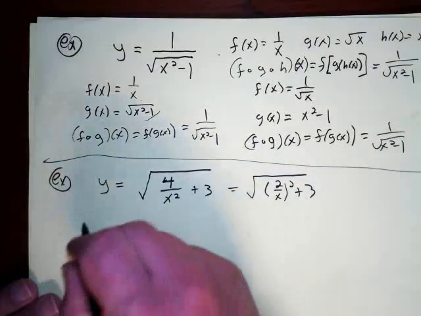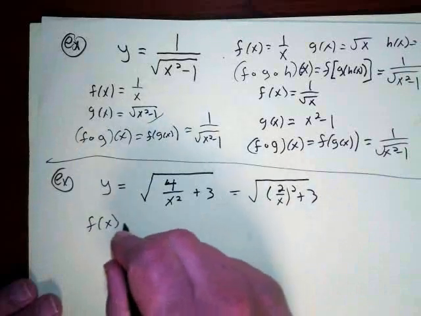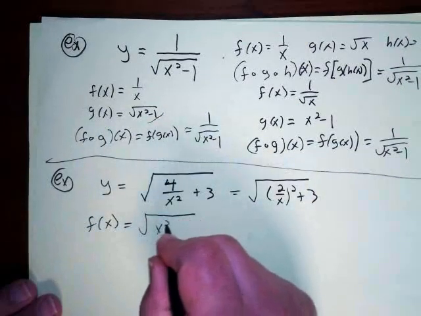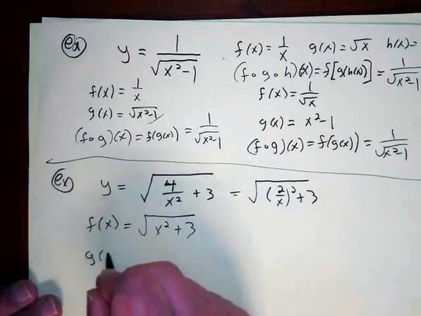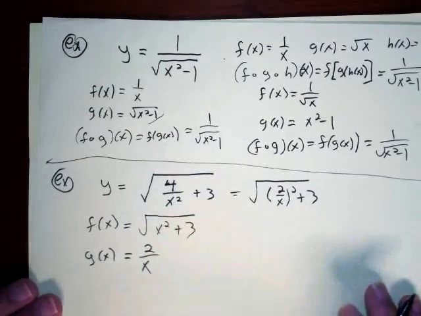I could do something just like, if I had it like this, I could have my f of x, my outside function, just be the square root of x squared plus 3. And then my g of x could be 2 over x.